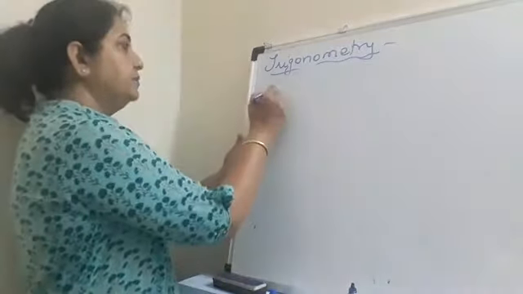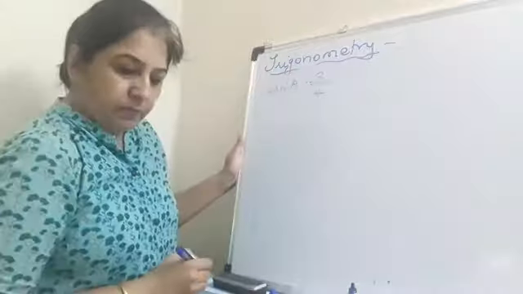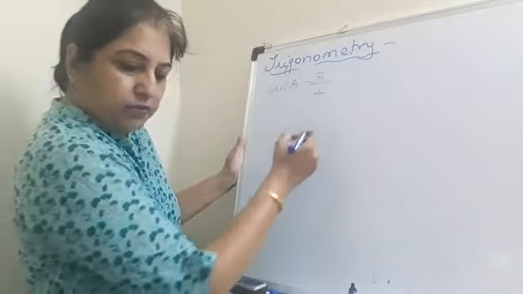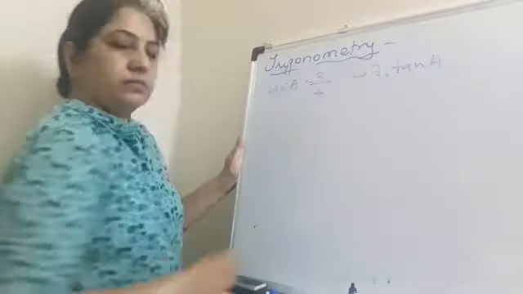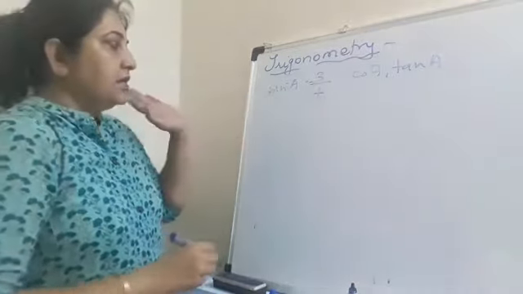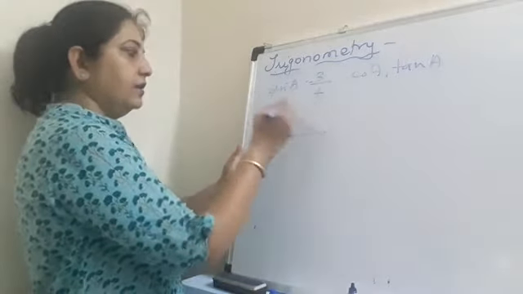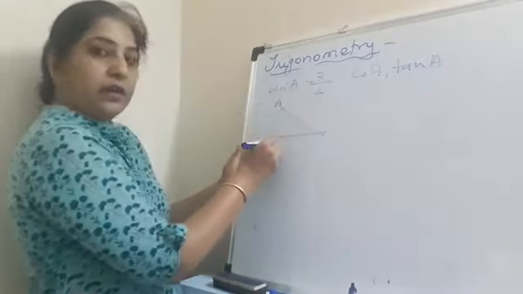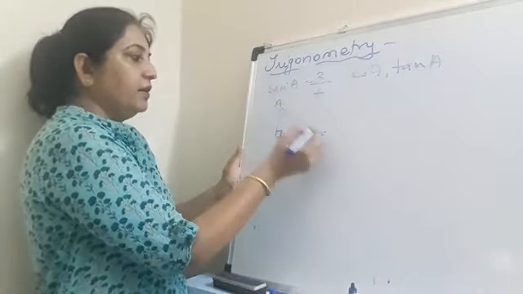One more. Sine A is given 3 by 4. Right? You have to find out cos A and tan A. Clear? Sine A. Draw the triangle. A cannot be a right angle. So A will be here or here.